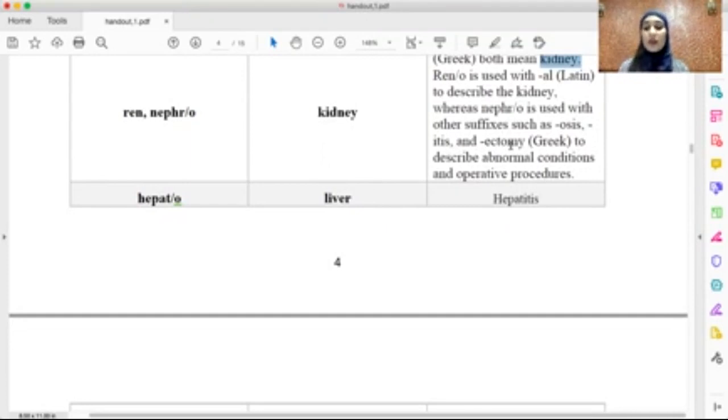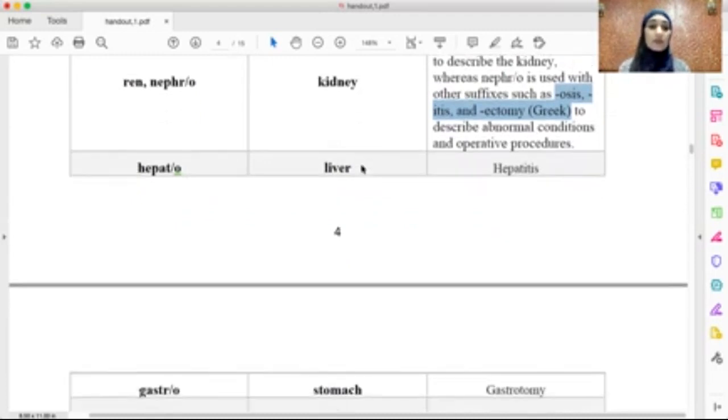We will take the meaning of these suffixes later. They describe abnormal conditions and operative procedures. These three suffixes describe procedures related to the kidney, and we will take them later.